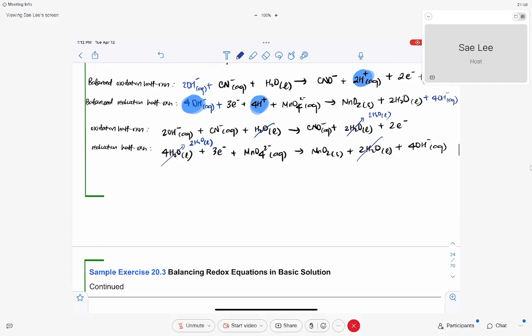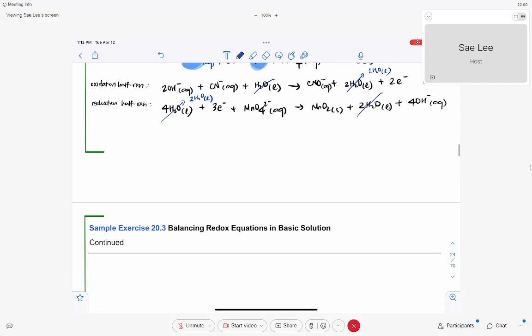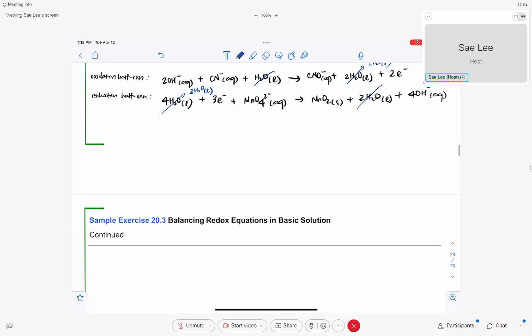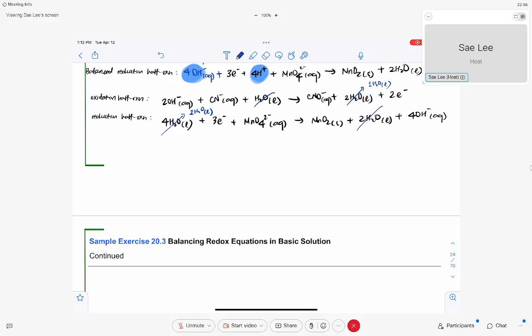After that, the final step is to balance the charges of both half reactions by having equal numbers of electrons lost and gained during the redox reaction.